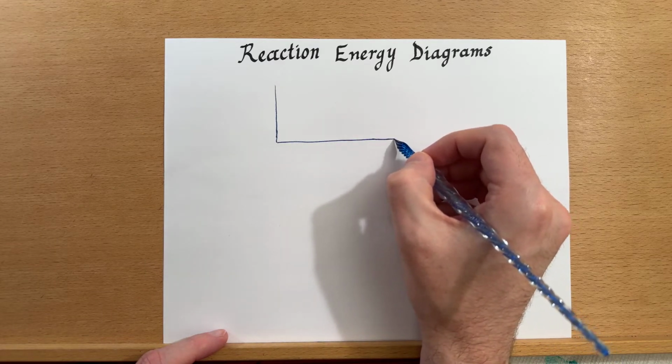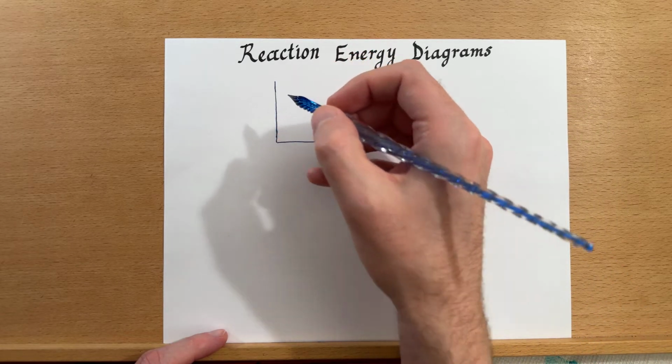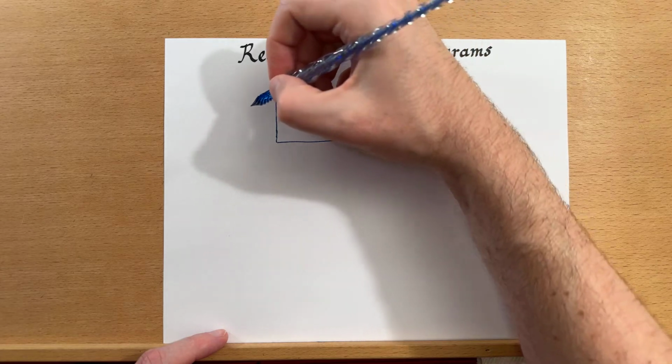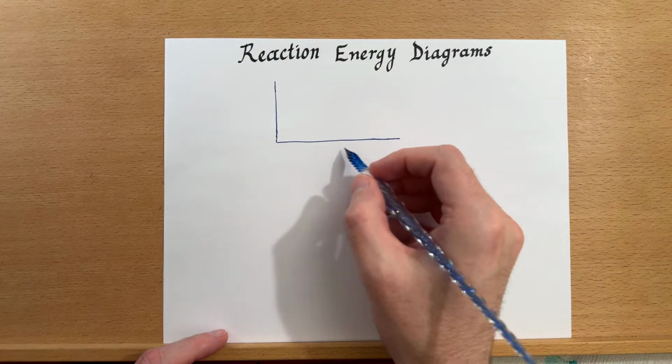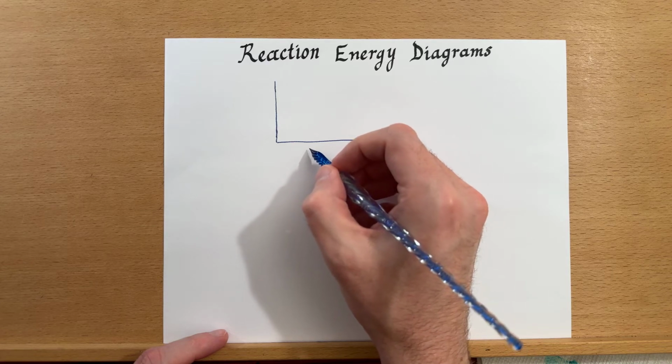or reaction progress diagram, something like that. There's lots of names. So down here, we would choose to say this is the reaction coordinate.